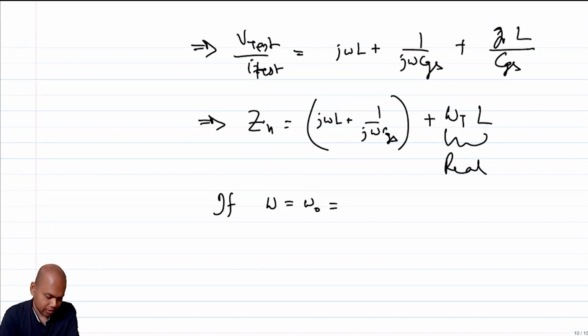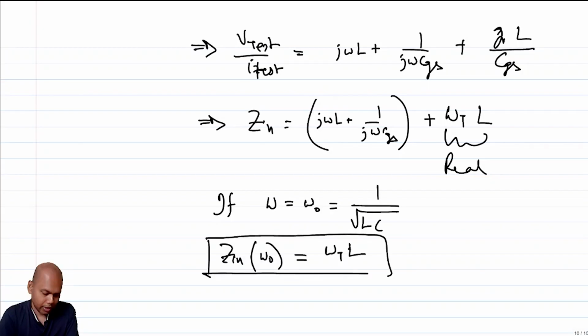So if we choose this, then Zin at omega naught is purely real and is equal to omega t times L, right? So you essentially get a match without any additional noisy element, right?